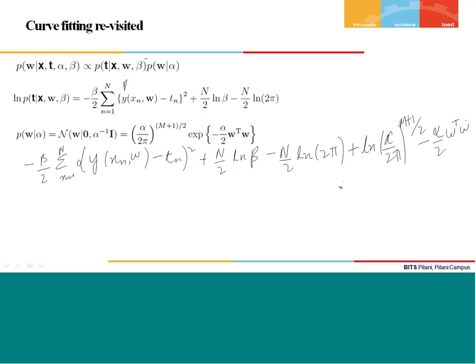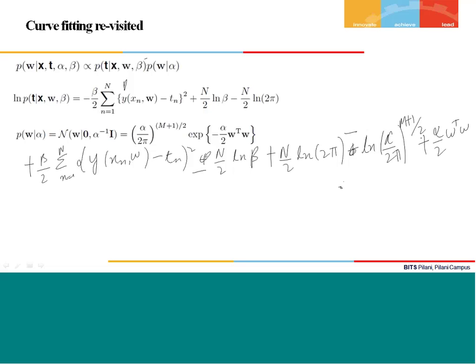Now I want to maximize this expression. If I take the negative of it, it is the same as taking the minimum of that expression. So the negative will convert this to minus, this to plus, this to minus, this to plus.